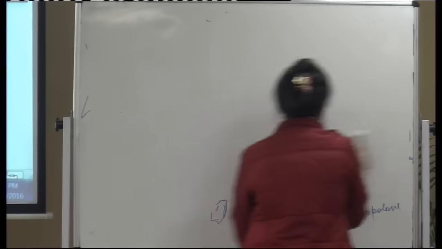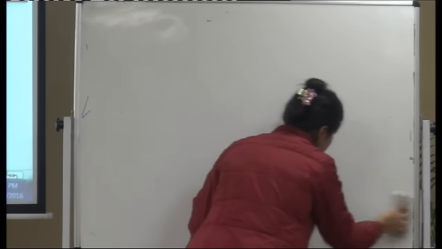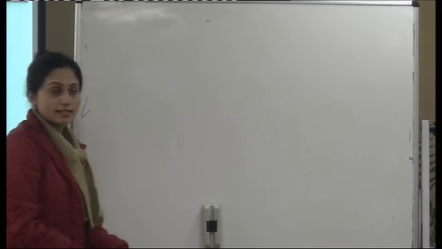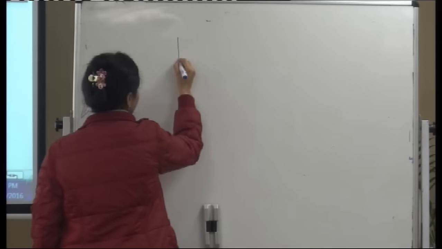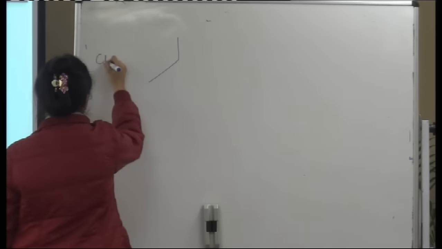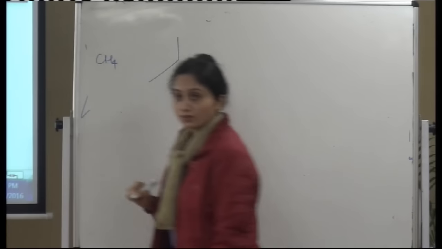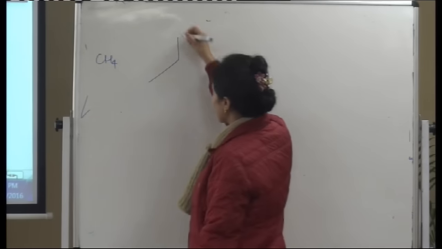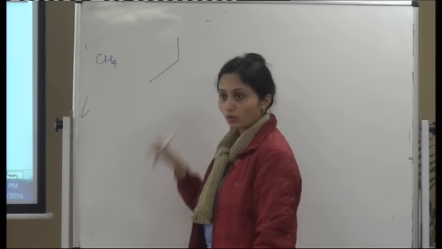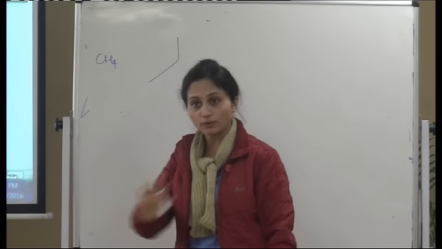Wedge projection is something in which, say, if I am representing a simple methane molecule, CH4, then any line which is simply like this is on the plane of the paper or the plane of the board, wherever you're drawing.